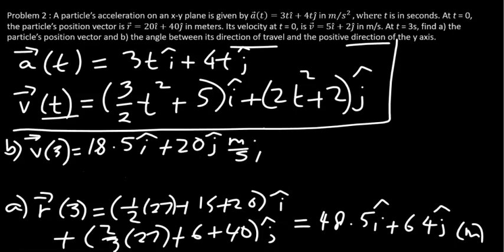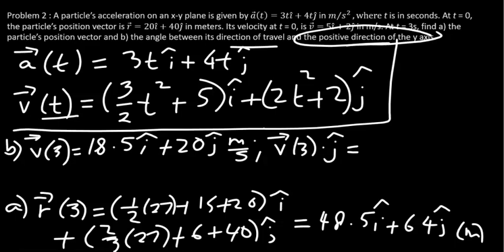Next, to determine the angle, we can use the dot product. When you take the dot product of velocity vector at t equals 3 seconds with j hat. Now why j hat? J hat represents the positive direction of the y-axis. And that's simply going to be 20. Because when this vector is dotted into j hat, this will not contribute because i hat dotted into j hat is 0.